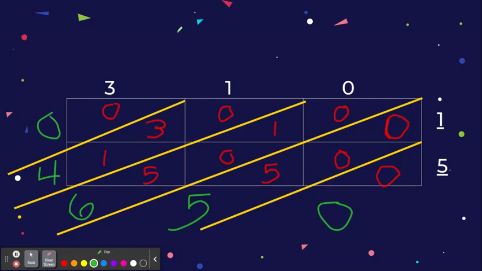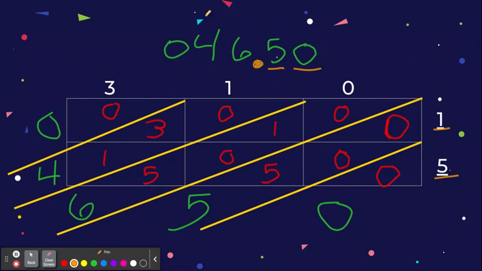So now I'm going to write this on the top because I'm running out of space in the bottom. If I write 0, 4, 6, 5, and 0. So where does that decimal point go? Well, I have 2 decimal places in the number, so 2 decimal places in the answer. So my decimal point goes right here.